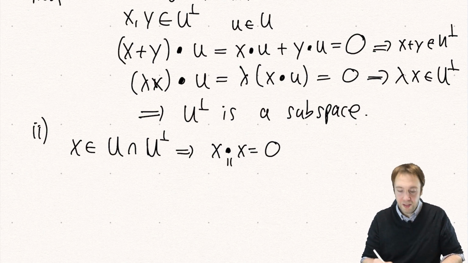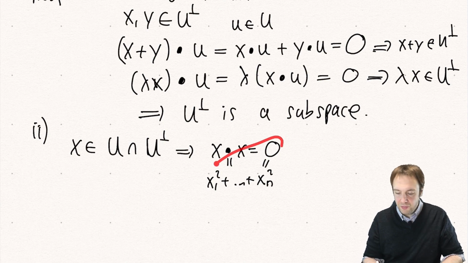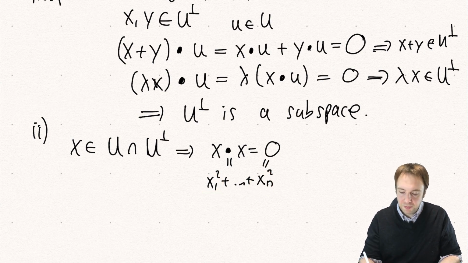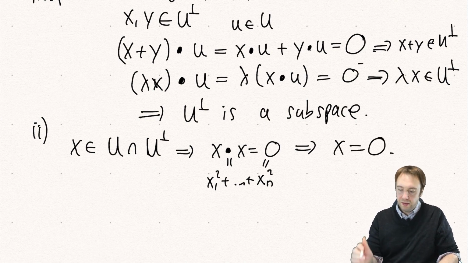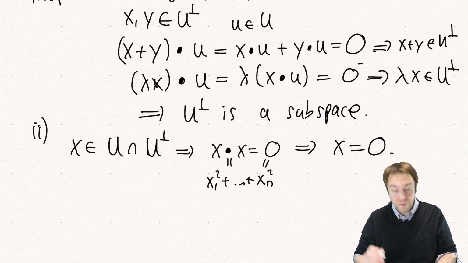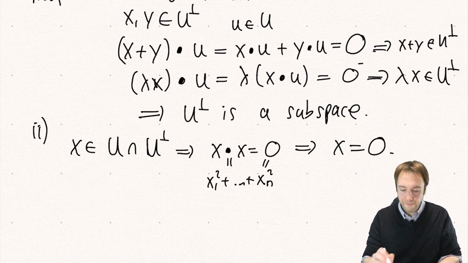And what is the dot product of x with itself? Well, this is just the sum of the squares of the entries of x. And if this is 0, this can only happen if all of these entries are 0, because otherwise I would add positive numbers here. And this shows that x needs to be the 0 vector. And therefore any element in the intersection of U and U orthogonal is just the 0 vector.